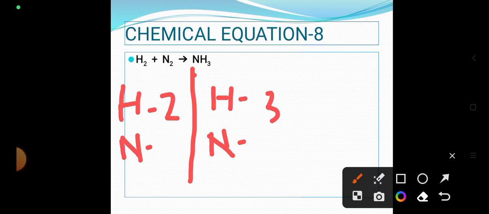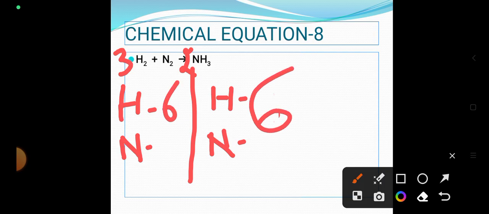So what we can do is we can multiply hydrogen by 3 and we can multiply ammonia by 2. So in this way what happens, hydrogen will now have 3 into 2. Okay, so here it's 3 2s are 6 and here again 3 2s are 6.